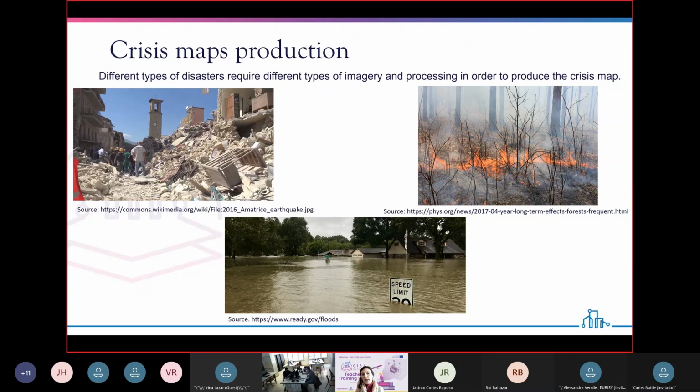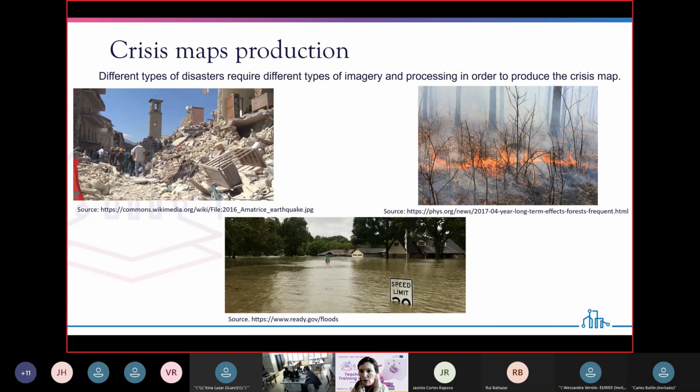You are not going to make an exercise about earthquakes in the afternoon. You are going to make an exercise only with respect to fires and floods. Also because, as you will see, earthquake does not require any specific satellite image processing.